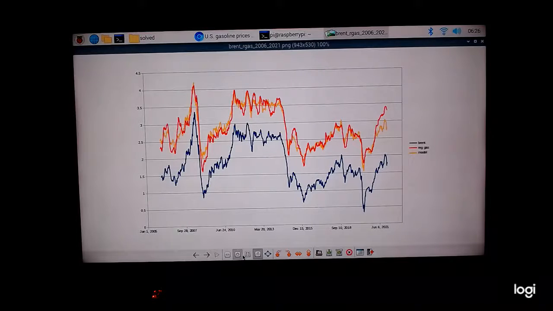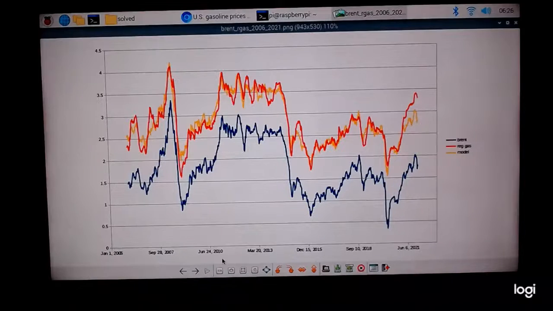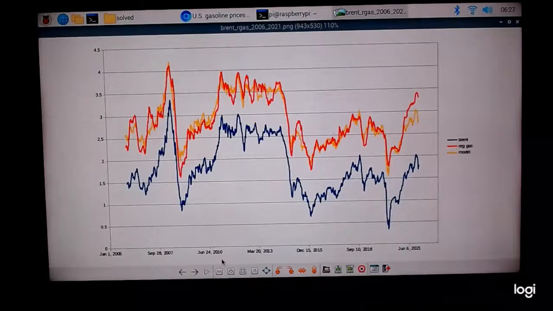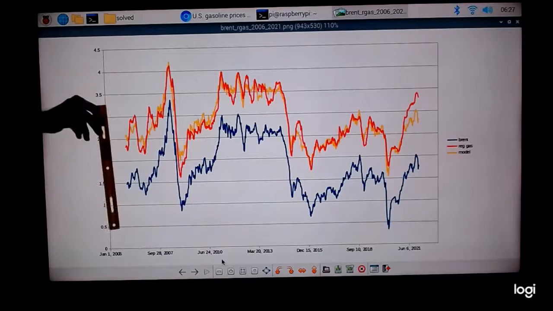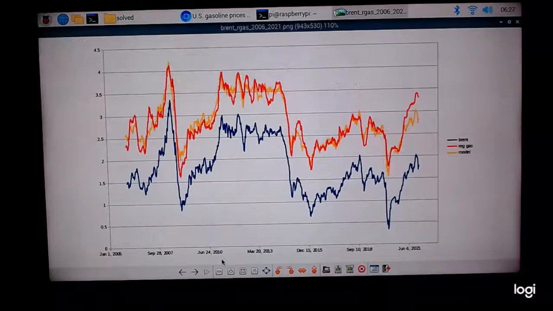Let me blow this up a little bit. So there was a good fit. Now this is the last 15 years of data from 2006 to the present. Downloaded that data this weekend, and we do have some extreme events.